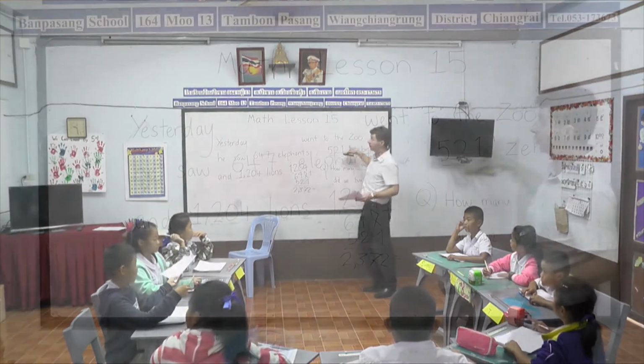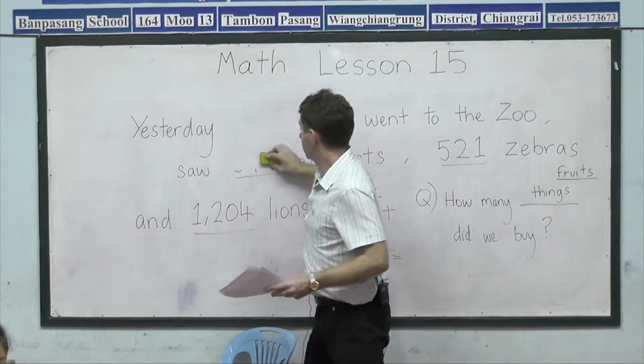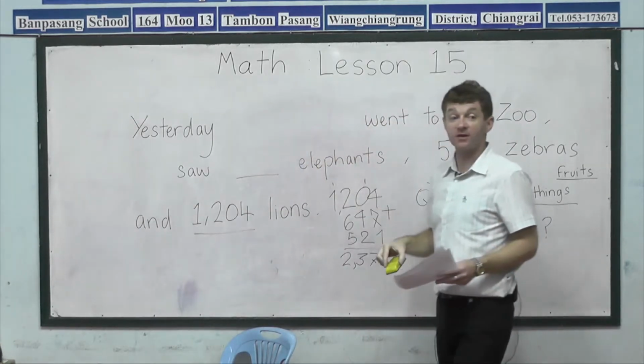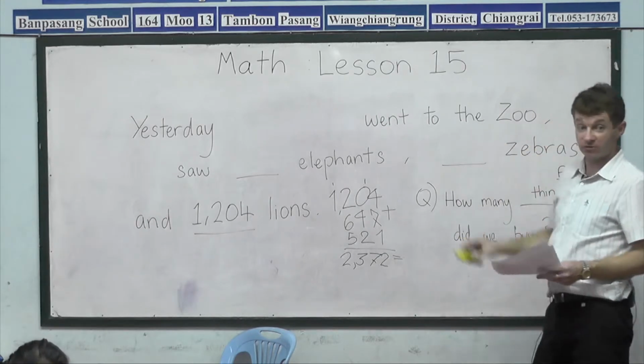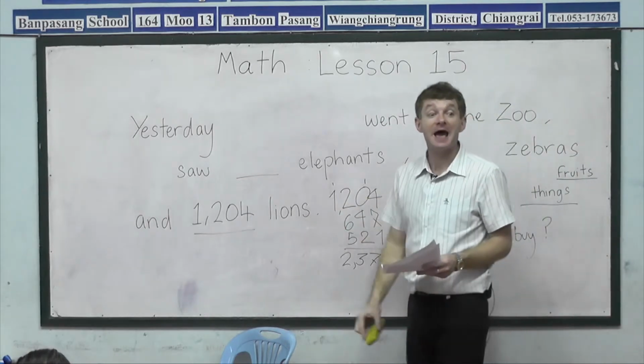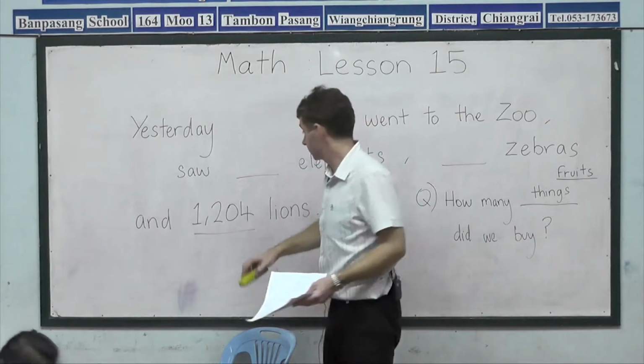Go to the zoo and how many elephants did you see? How many zebras did you see? And how many lions? Or if you want, you can change the animals too.